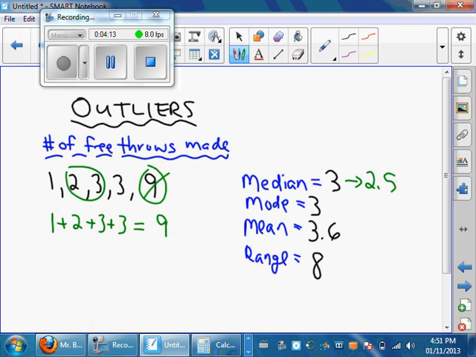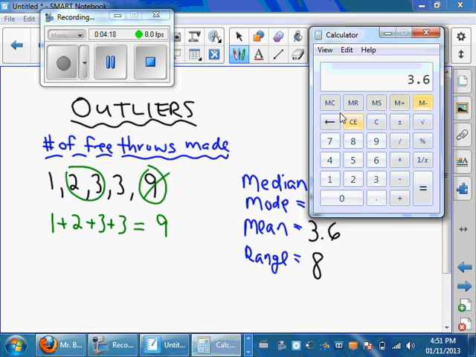And when we take 9 and we divide it, and now all we're doing is dividing it by 4, 9 divided by 4 is going to equal 2.25.